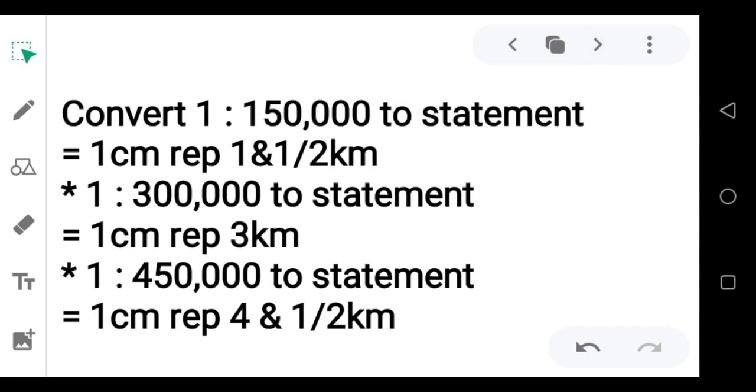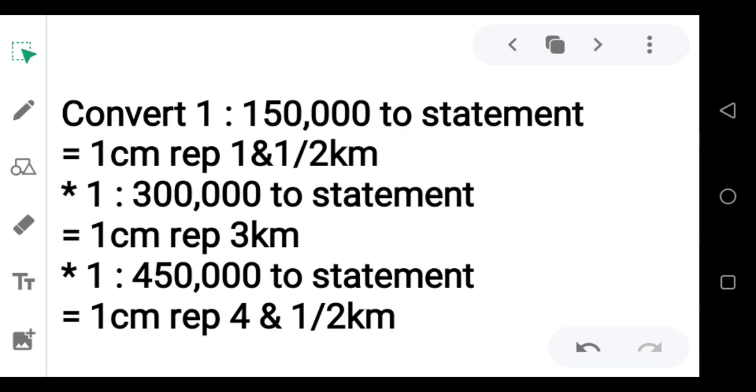Now let's move to the next one. If you are given this example, convert 1 is to ratio 150,000. If you are to convert it to statement of scale, it's simply as saying 1 centimeter represents 1.5 kilometer. Of course, even without doing any calculation, you should know that it represents 1.5 kilometer.